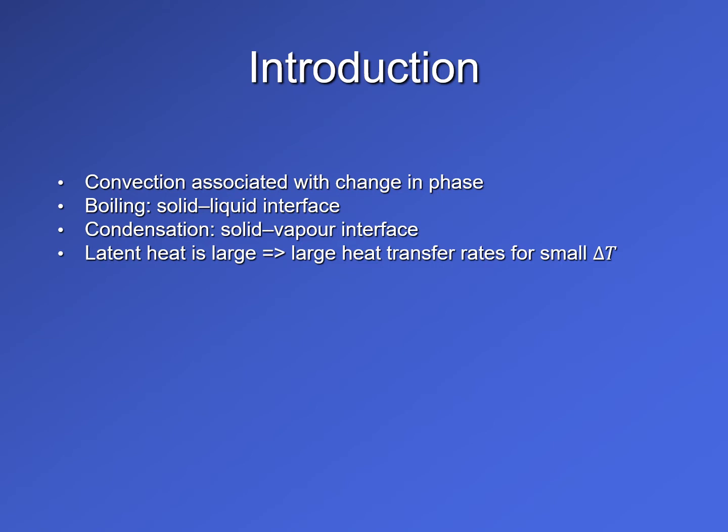As we know, the latent heat associated with phase change is quite large, and this means that we typically are talking about large rates of heat transfer for small delta T's. So we have to understand here what is the meaning of delta T, because phase change happens at the saturation temperature.